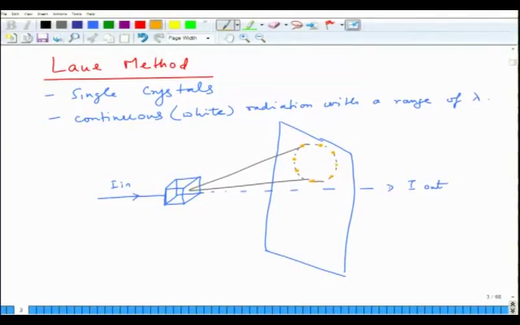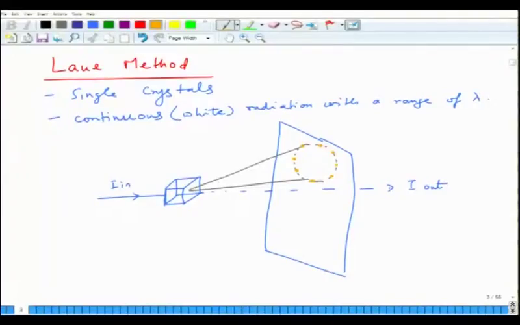Not all planes will diffract, only those planes which make the right angle. Right means not 90 degrees, but the correct or appropriate angle satisfying the Bragg geometry, which means whatever plane is going to diffract must satisfy theta in equal to theta out, and n lambda equal to 2d sin theta.